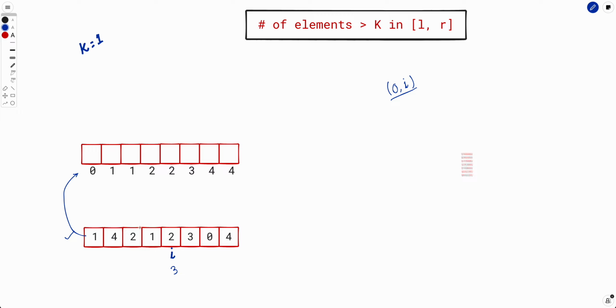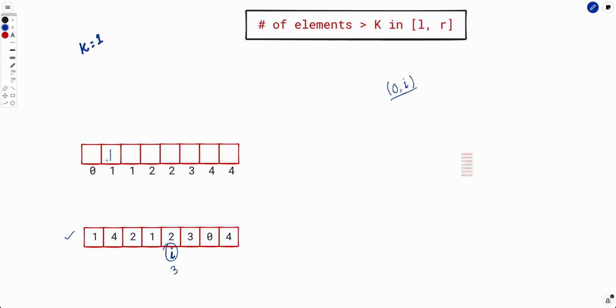Now, what will we do with this? Let's say you want to find out how many elements are greater than k in the range 0 to I. What you will do is simply activate all the elements in the range 0 to I. So we have 1, and 1 maps to, let's say, this particular index, so we'll simply activate it.